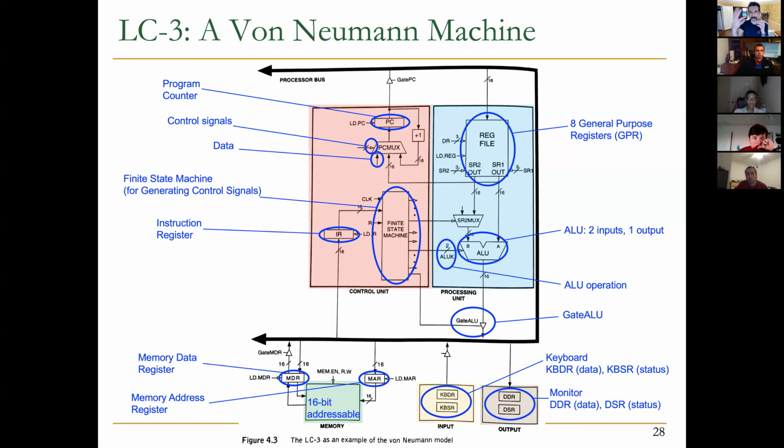You can write and read from the bus to move data between different components, and these gates essentially control whether you put data inside the bus or not, right? So these gates control this.